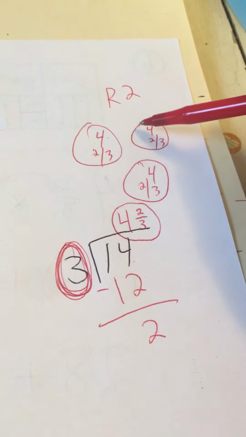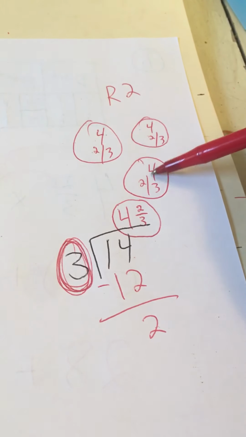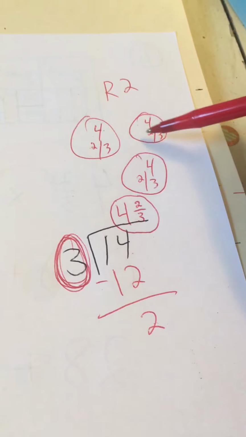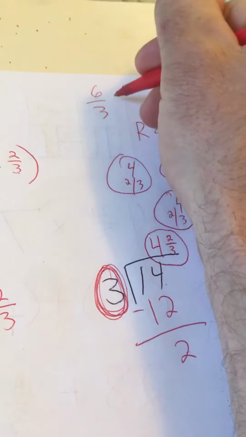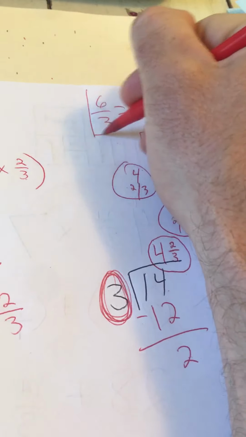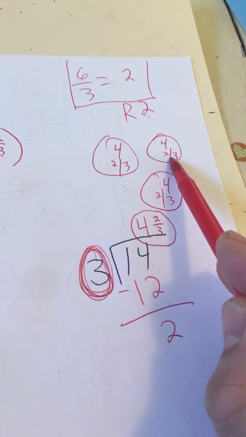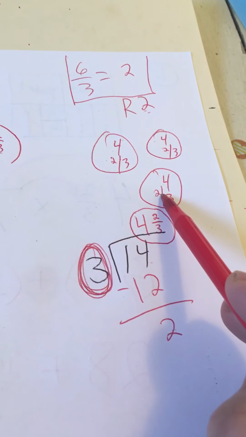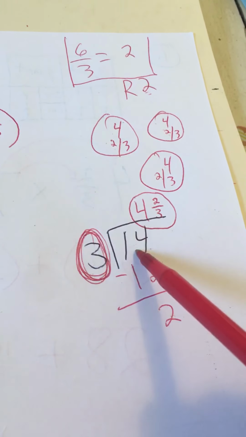So 4 2/3 plus 4 2/3 plus 4 2/3, you can do the whole numbers. 4 plus 4 plus 4 is 12. 2/3 plus 2/3 plus 2/3 is 6/3. And 6/3 is 6 divided by 3, which equals 2. So that's where our extra 2 go, is we can put them as a fraction by breaking it into 2/3, 2/3, 2/3. Then that's exactly how many would be in each group if we made 3 groups out of 14.